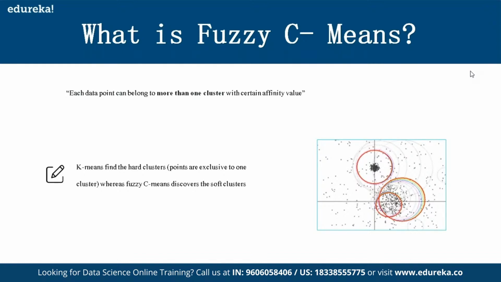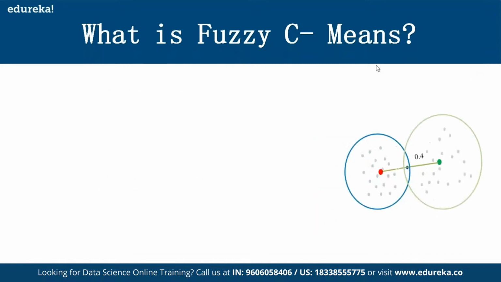The primary difference between C-means and K-means is that if an observation has an equal distance, in K-means we force it to be part of one of the clusters. But in C-means, based on the distance, an observation can belong to one or two clusters.